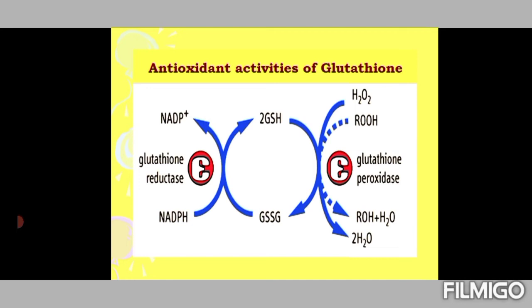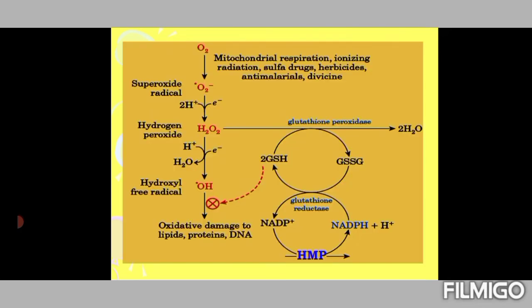The antioxidant GSH protects cells by neutralizing reactive oxygen species. This conversion is illustrated here by reduction of hydrogen peroxide to water, and this slide illustrates further. You can see GSH here, GSSG, and GSH is responsible for scavenging the free radicals. Here the hydroxyl free radical is shown, thereby protecting biomolecules and the cell membrane from oxidative damage.